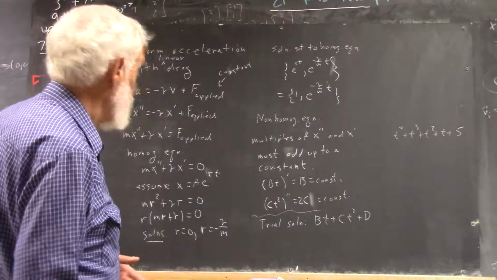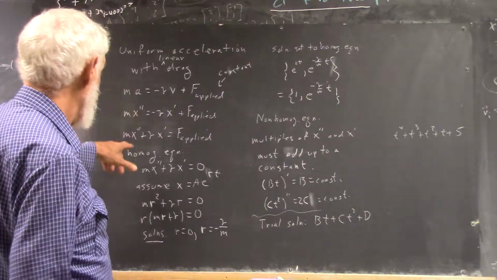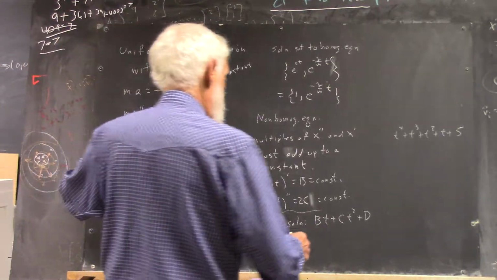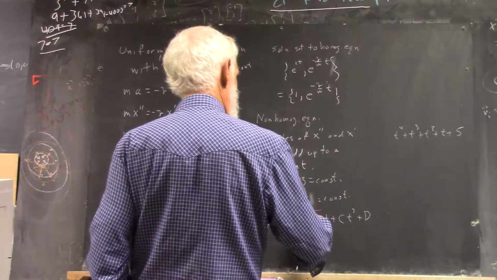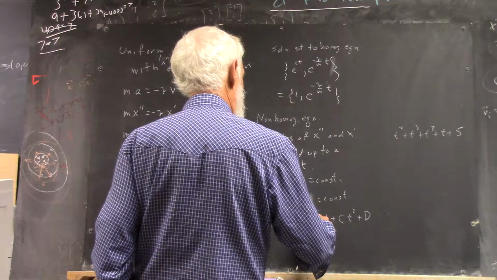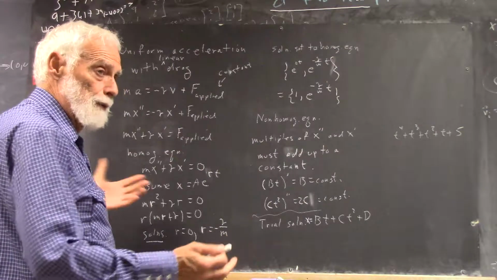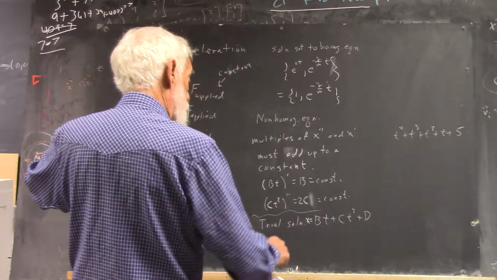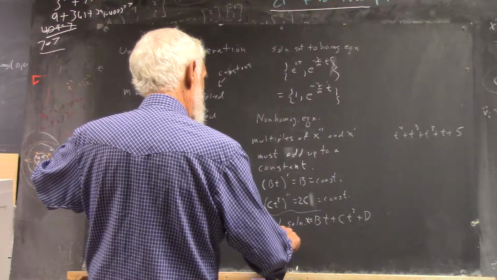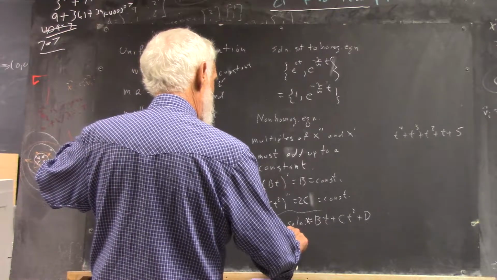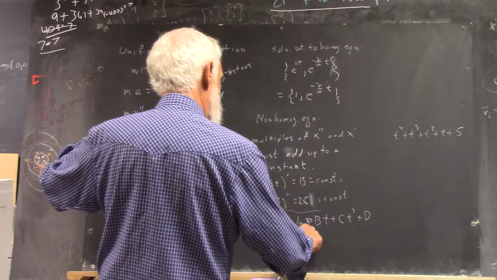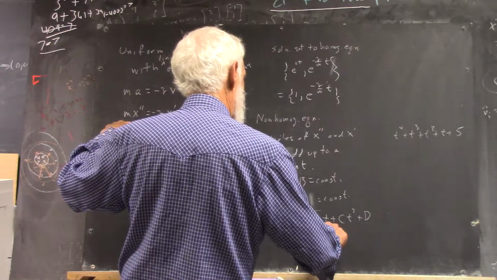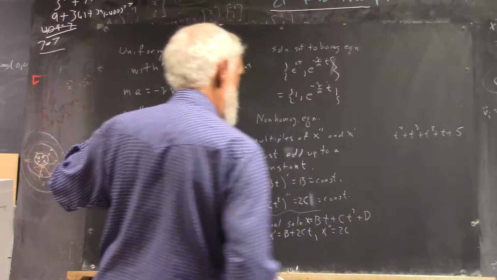Now when we plug that in, it's very straightforward. We just plug it into m x double prime plus gamma x prime equals F applied, and put x equals here so we know we're plugging in. So we get x prime equals b plus 2ct, x double prime equals 2c.